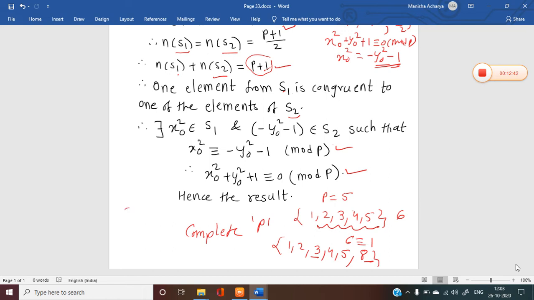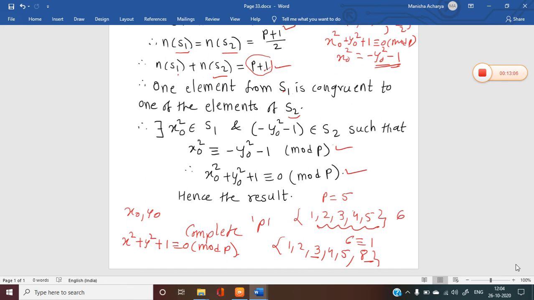Therefore we can say x0, y0 is a solution of the congruence equation x square plus y square plus 1 congruent to 0 modulo P, where x0 and y0 are numbers which lie between 0 and (P minus 1)/2. Okay, so here we have completed the proof of theorem 1.